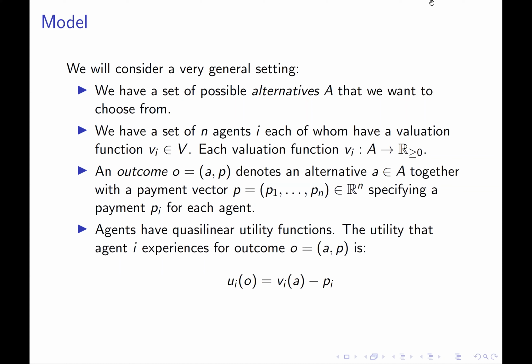And finally, just as we assumed when we were studying market equilibria, we're going to model agents as having quasi-linear utility functions, which is a standard thing, not entirely without loss of generality. Essentially the assumption we're making here is twofold. First, that the agents can express their value for the different alternatives in dollars.